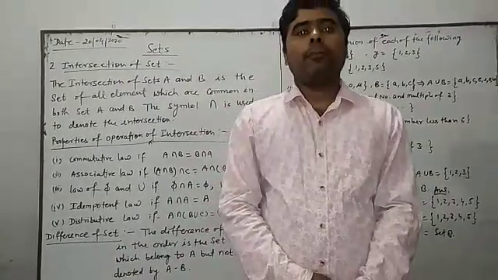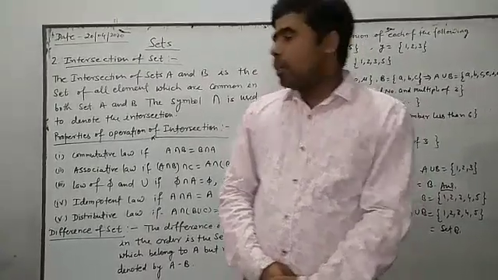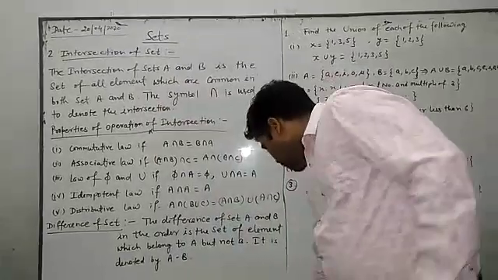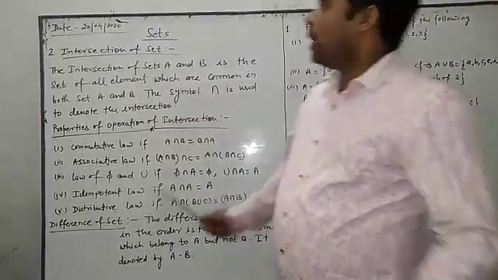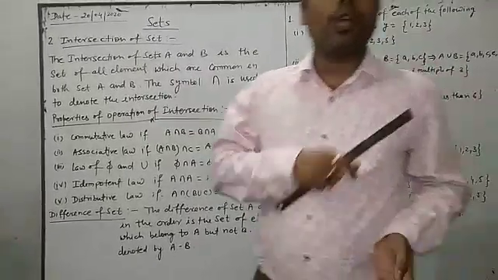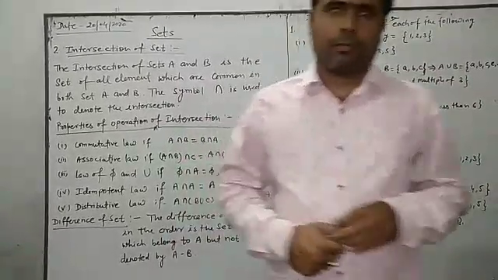After completing the union of sets, the second point is the intersection of sets. Now for the intersection of sets, we explain with another definition. Intersection means the elements which are common in both sets.